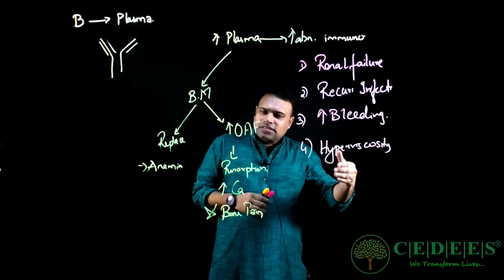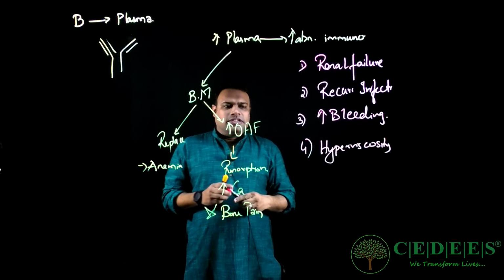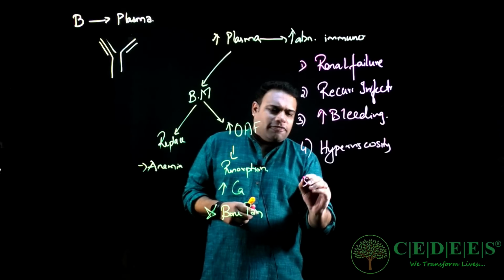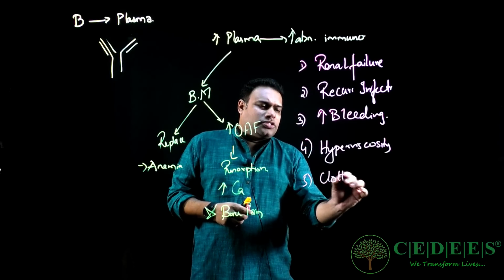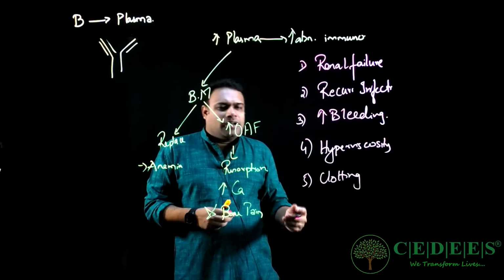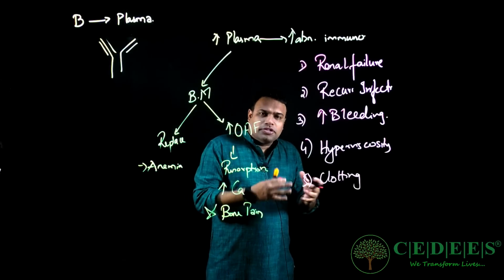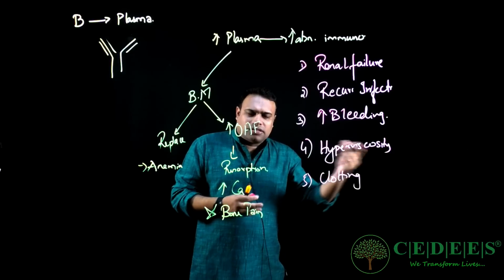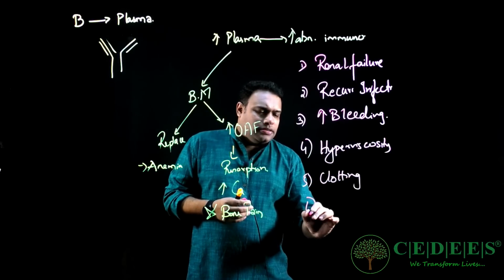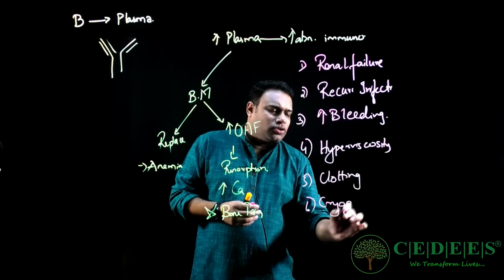It could also result in increased ESR and various other features. It can also affect the clotting cascade because the M proteins can hamper normal coagulation, so it can result in clotting problems. It can also result in what is called cryoglobulinemia.